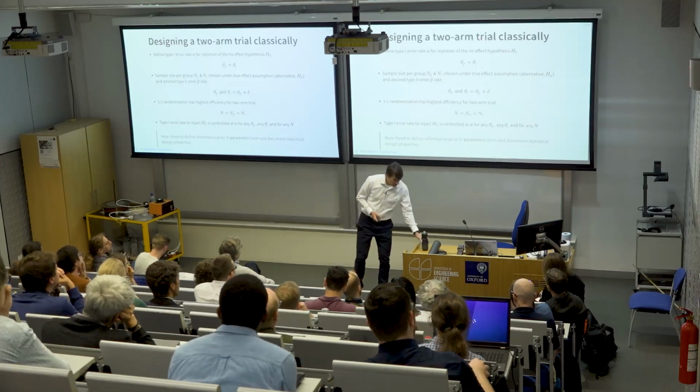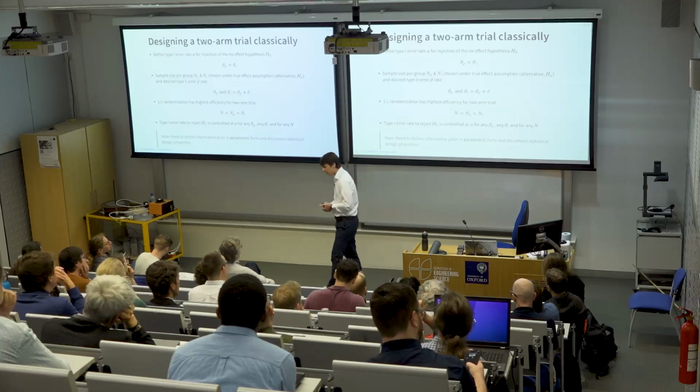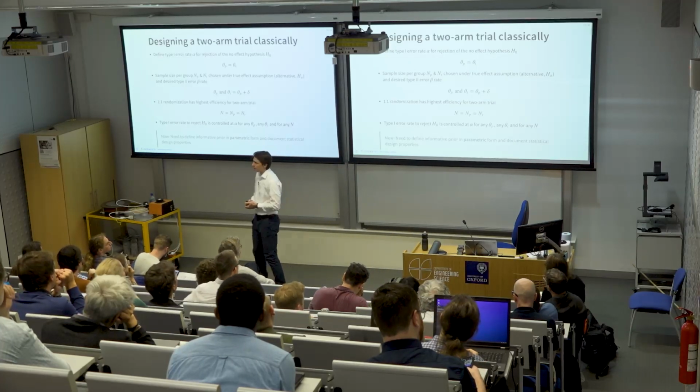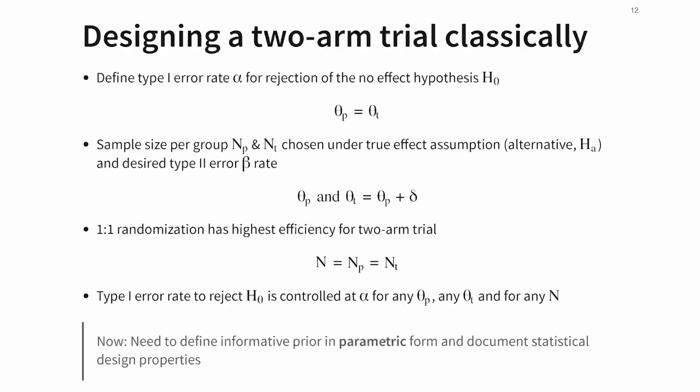But before we now continue, let's first consider how we would classically design a simple 2-arm trial. So a trial means we want to test out our new treatment and compare it against a control, typically being placebo, giving no treatment.